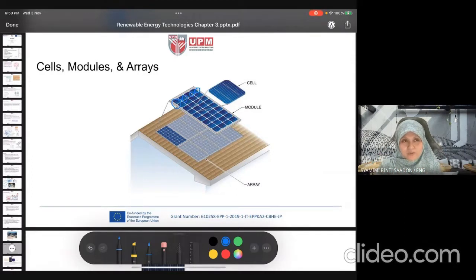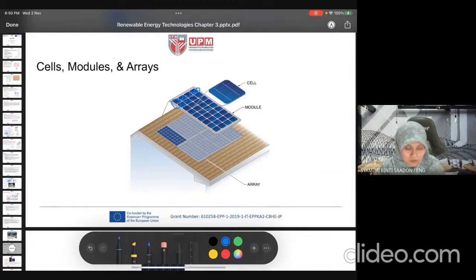So that's why when we mention the price of PV cells, we have to combine. We have to calculate in total how many PV cells we need to be used in one module. And for one PV array on a rooftop like this, how many PV arrays do we need for a house?